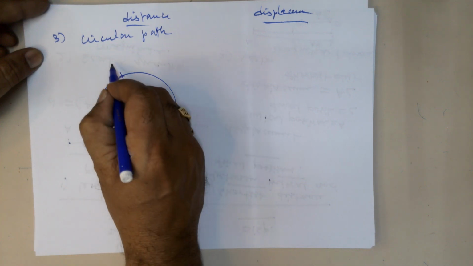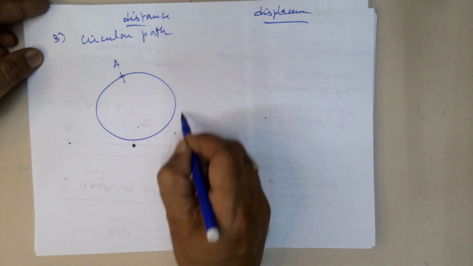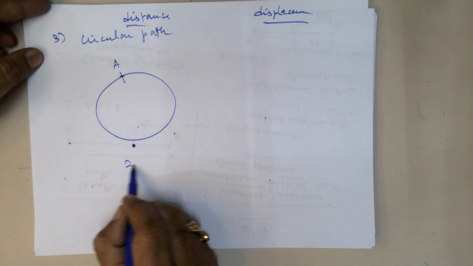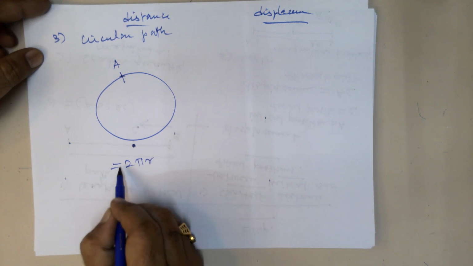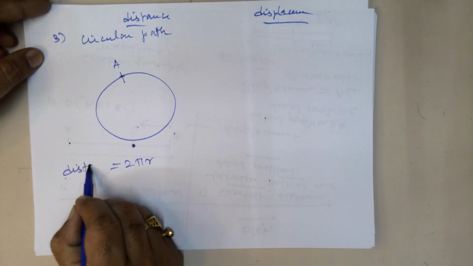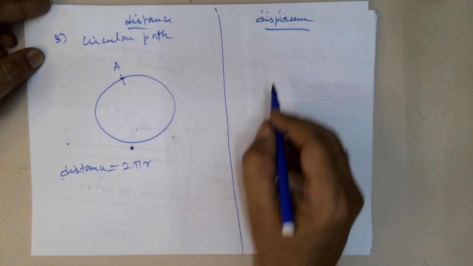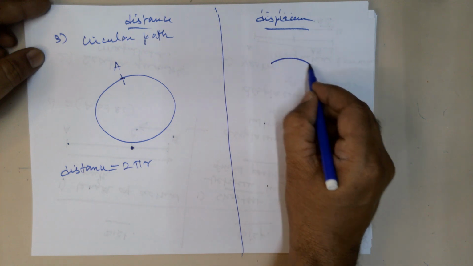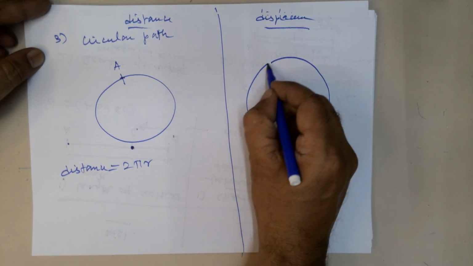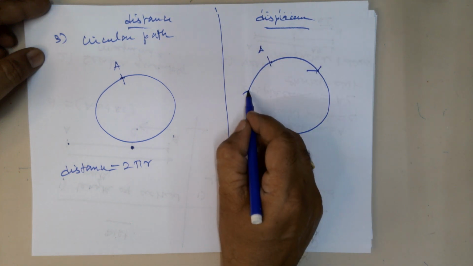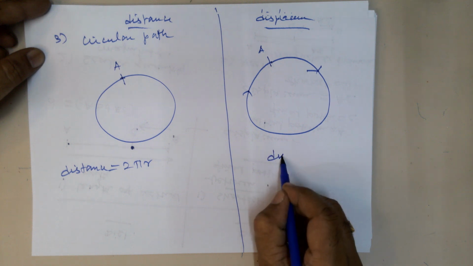For example, it starts from A and comes again to A. So 2 pi r is the distance, which is nothing but the circumference. Whereas in this case, it starts from A and again reaches A. So the net displacement is 0.